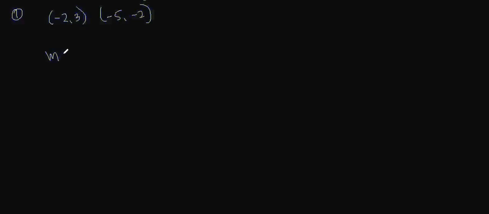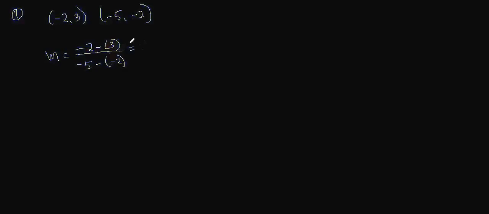We can clearly remember from Algebra 1 days, to find the slope, we take the second y minus the first y. That will give us -2 subtract 3, and then -5 subtract a -2.